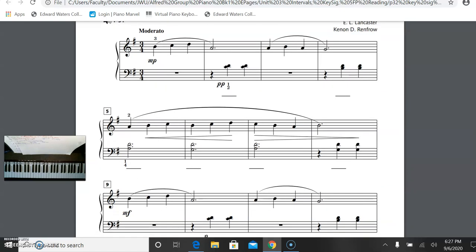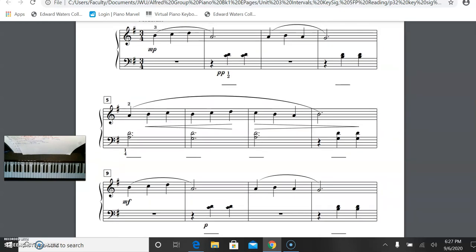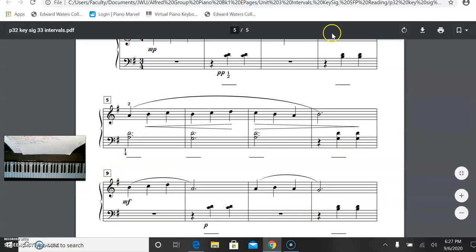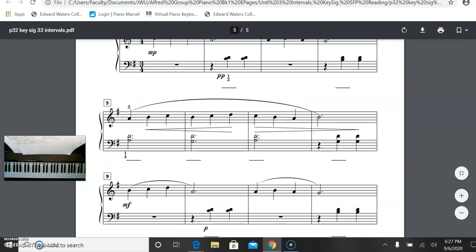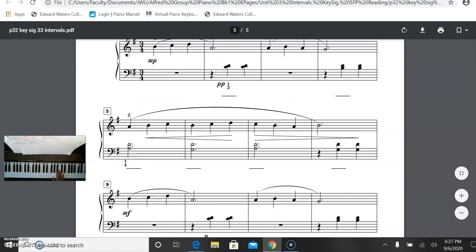Let me play a little bit of it, and I want you to think about what kind of intervals are happening with this piece here. So what type of intervals do you think you heard while I played that?